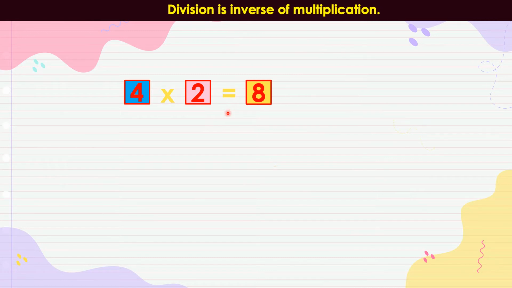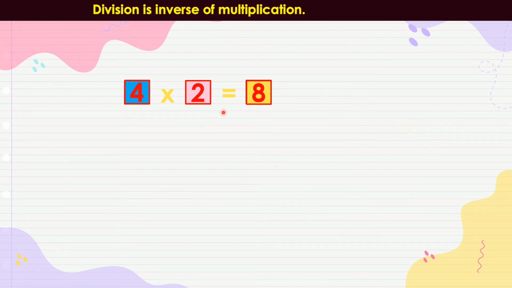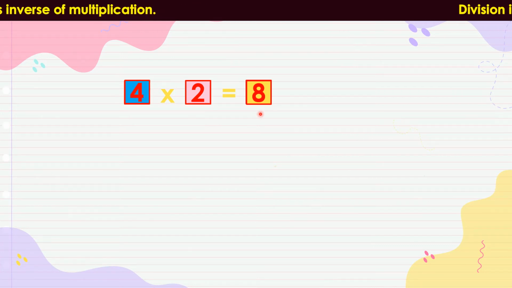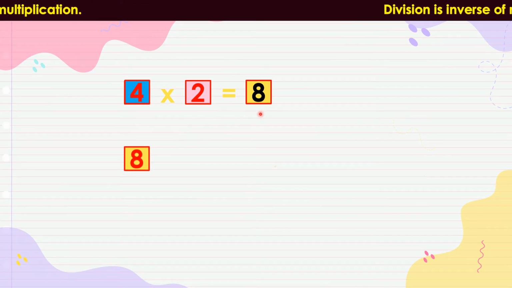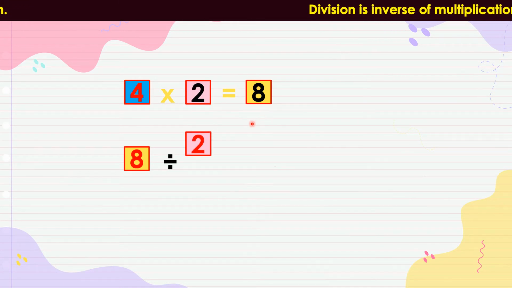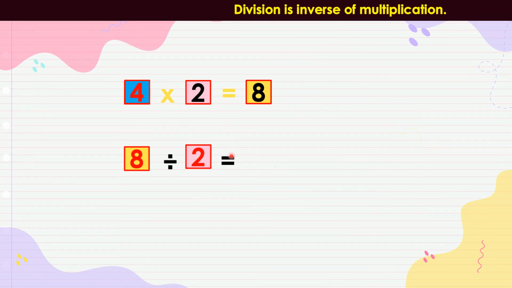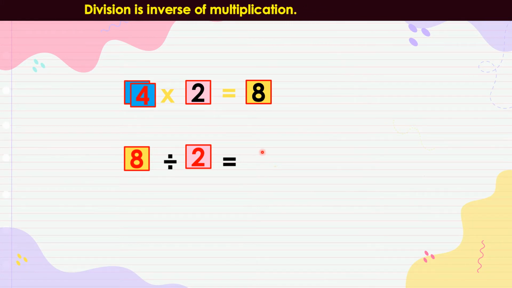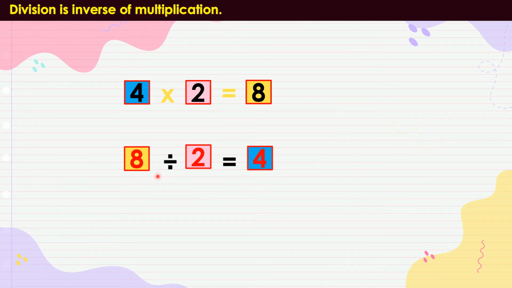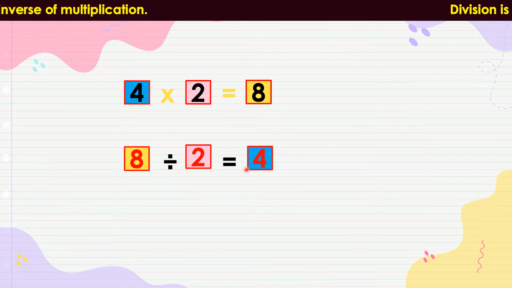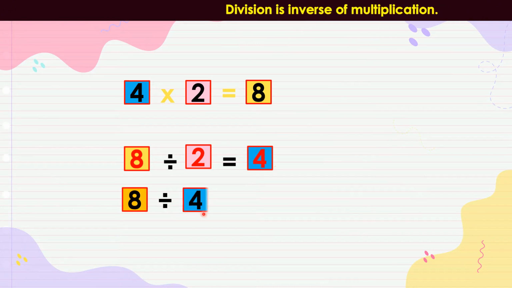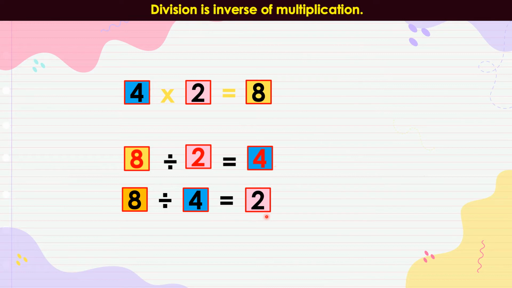When we change or inverse to division, we start from the largest number, then followed by the smaller number. 8 divided by 2 is equal to 4. We also can write 8 divided by 4 is equal to 2.